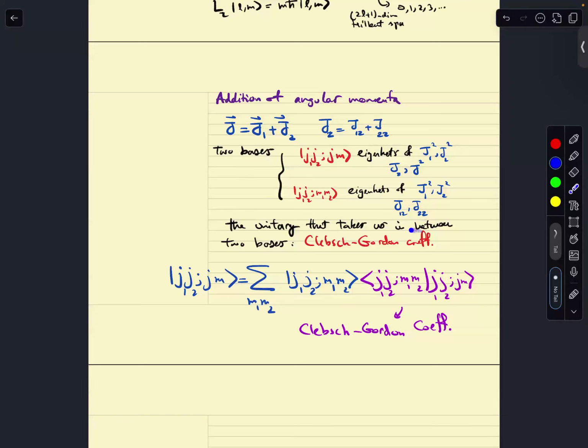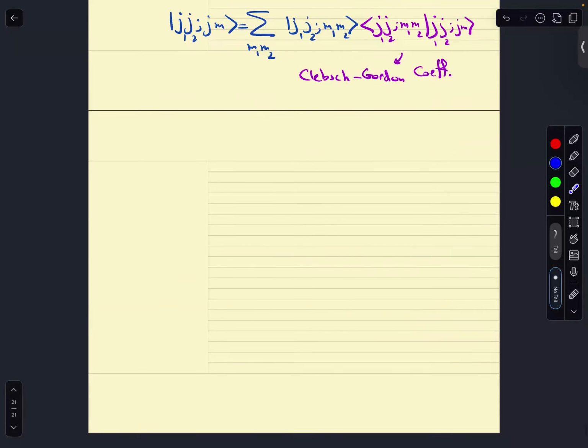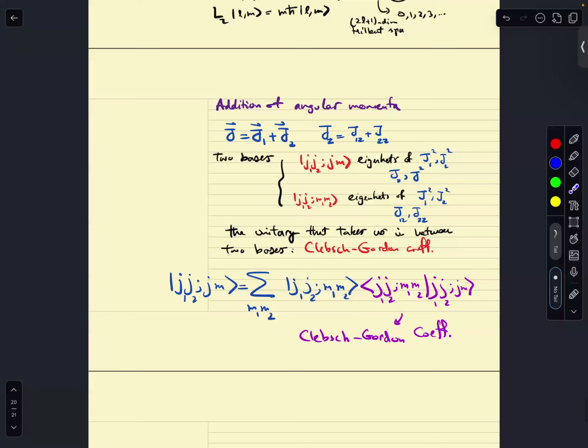We saw that there are unitaries that take us between the two frames. The matrix elements of those unitaries are called Clebsch-Gordan coefficients. We said that the Clebsch-Gordan coefficients are real, which means that they are actually orthogonal matrices.